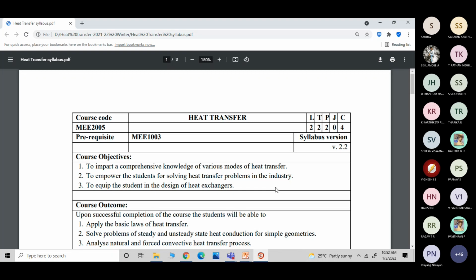So the design of heat exchangers is very important, and you will learn all these things in due course of time.